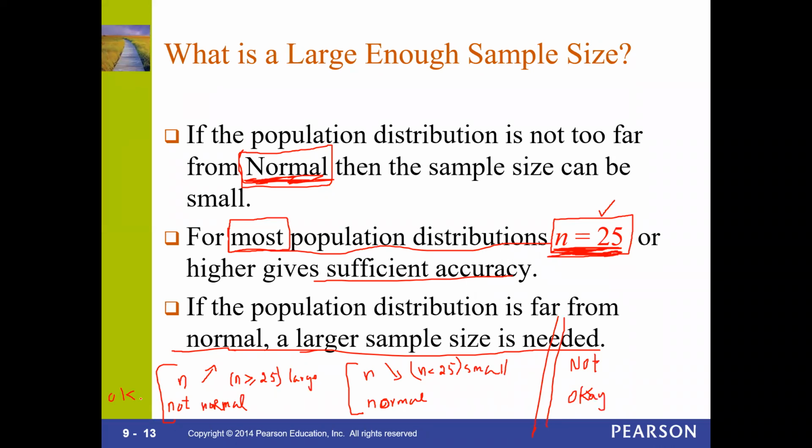When it's not okay, n is small and the distribution is not normal.